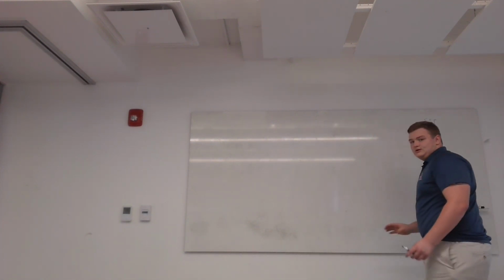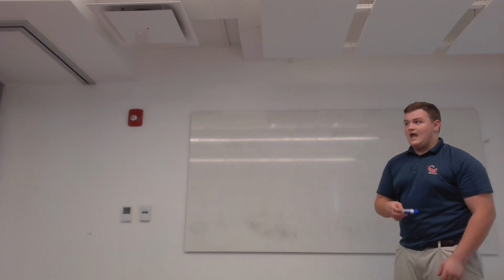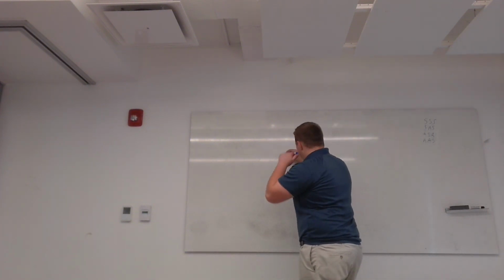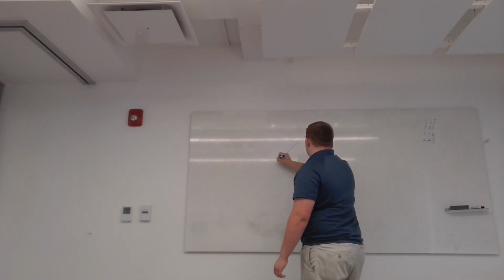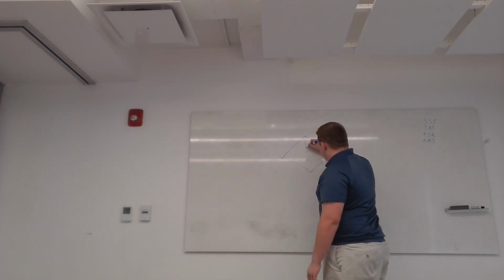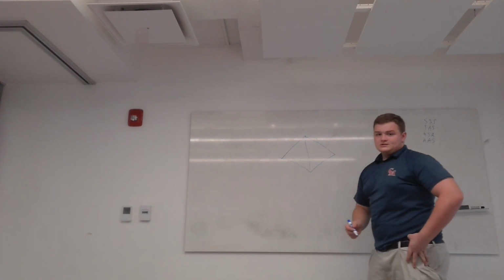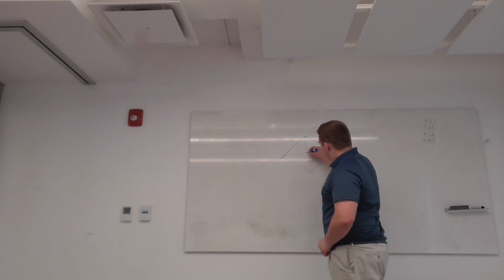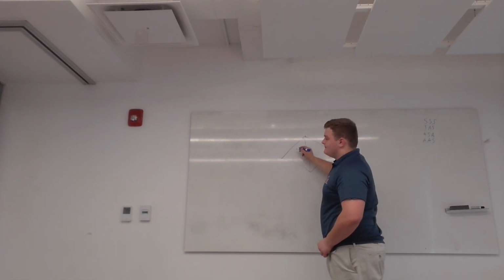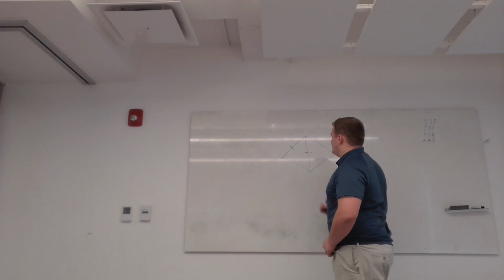The next one I'm going to be doing is SAS. So let me get a shape up in here, and a line down the middle. So SAS would be, say, this side, this angle, and this side.